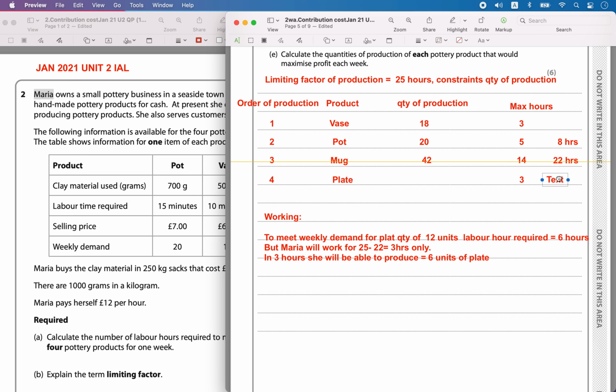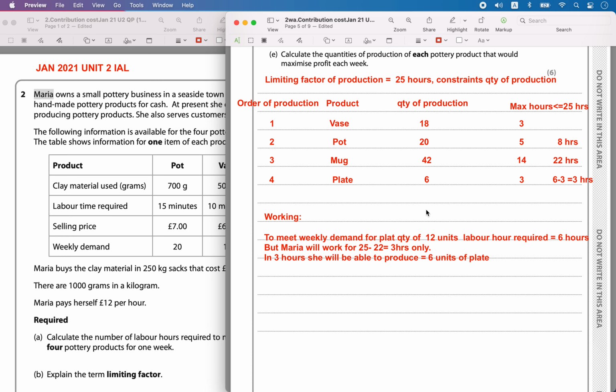The constraint is that it has to be less than or equal to the max of 25 hours. So 6 hours minus 3 hours, that is equal to 3 hours only left, and with that she will be able to produce only 6 units of plate.